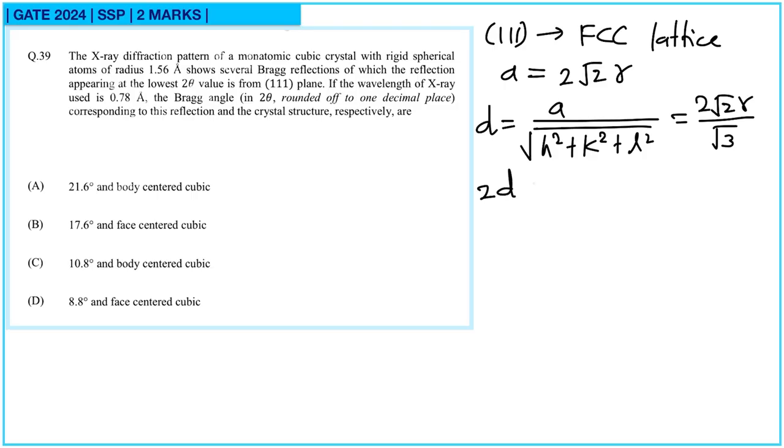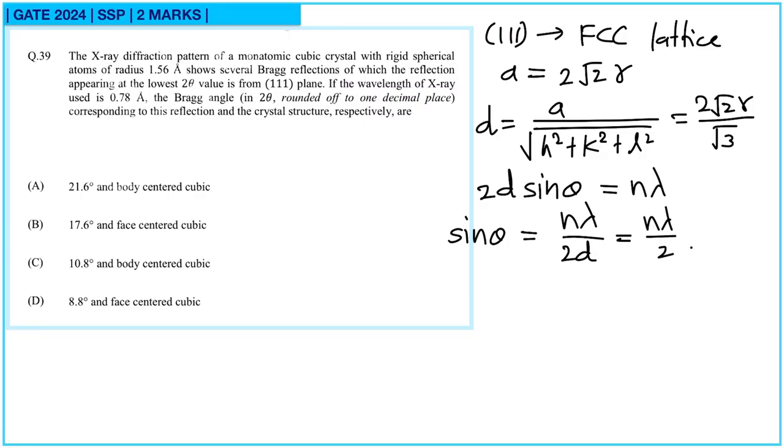And we have Bragg's law, 2d sin theta is equal to n lambda, that gives us sin theta is equal to n lambda upon 2d, and d is 2 root 2 R upon root 3.